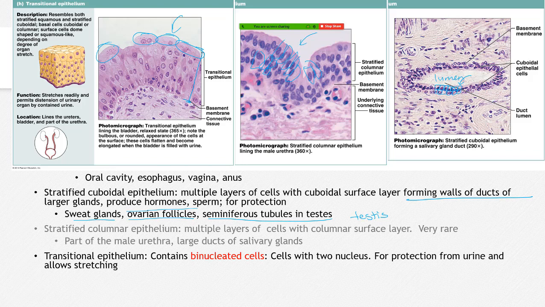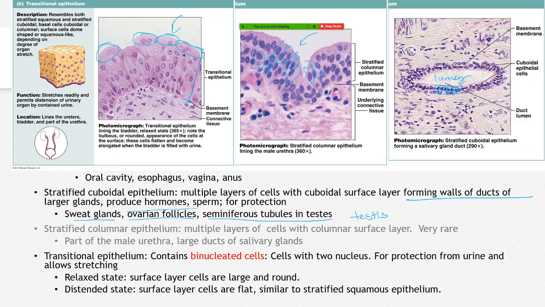So this is once again for protection. All the stratified are for protection in general, having multiple layers. In this case scenario, it's to protect us from the urine in our urinary bladder. And once again, it's transitional because it does change shape. When it's relaxed, it's going to look like this. When it's filled up and distended or stretched, it's going to be flatter.